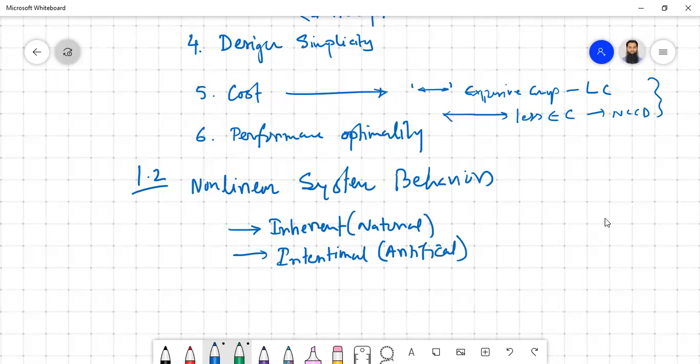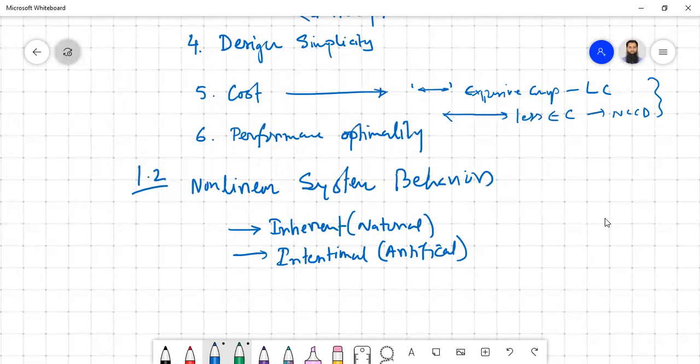Some are naturally available in the plant or system. These are called inherent, like centripetal force in rotational motion, or Coulomb friction between contacting surfaces. All these things are inherently available.